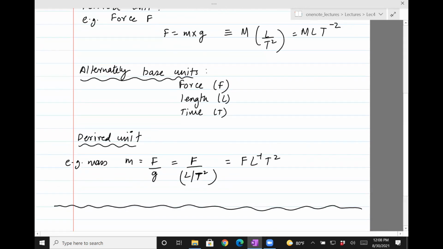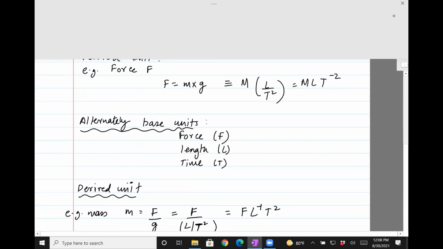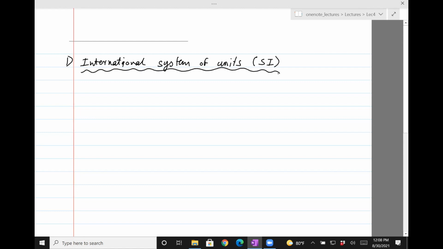The first one, which is not very common in the US but common elsewhere, is the SI unit, or the International System of Units, abbreviated as SI. It's also known as the metric system.